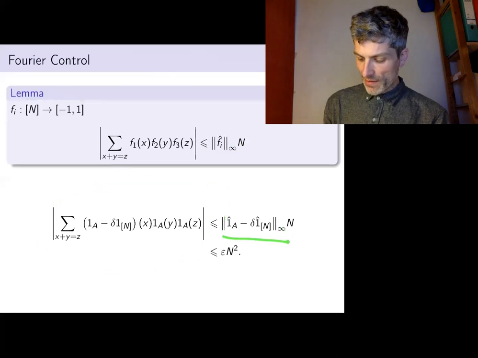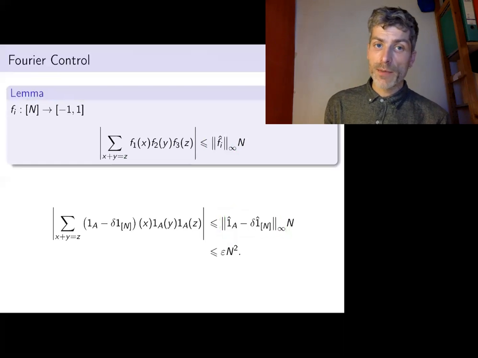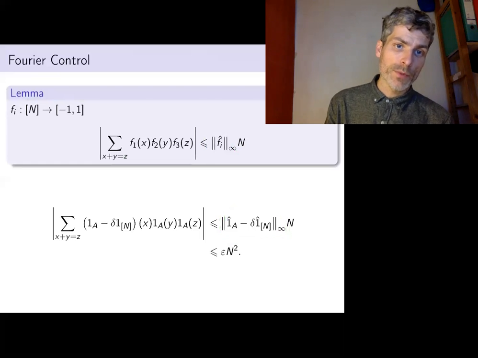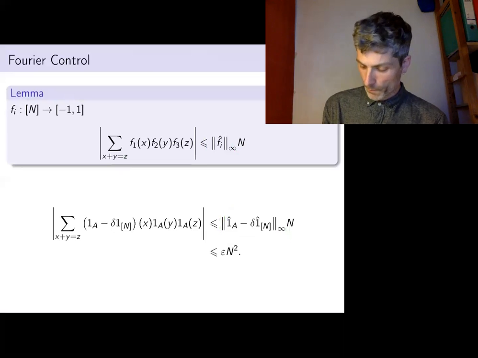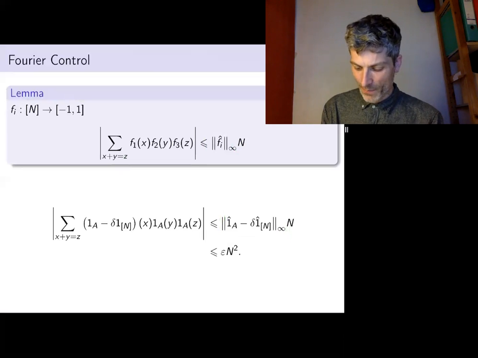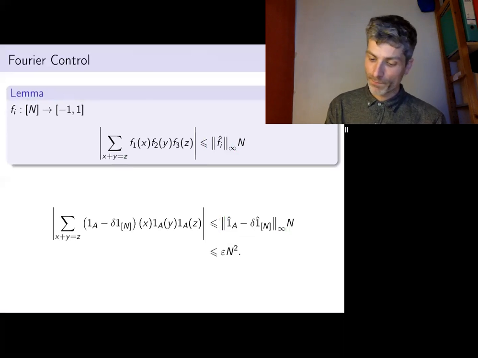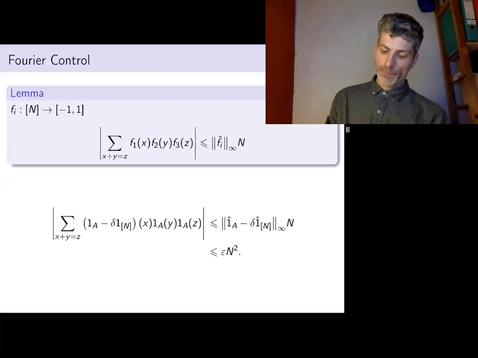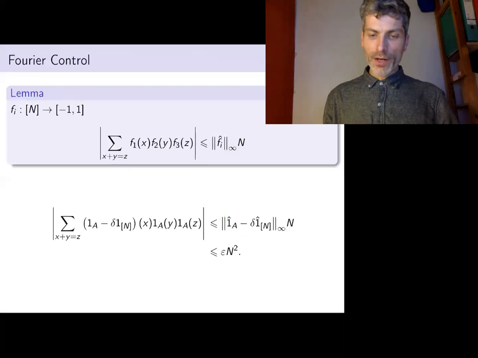So this L infinity norm is at most epsilon times n by the definition of Fourier uniformity. So do go and revise that if it hasn't stuck in your head since the slide where we introduced it. Okay, so that's why this Fourier control lemma is useful.